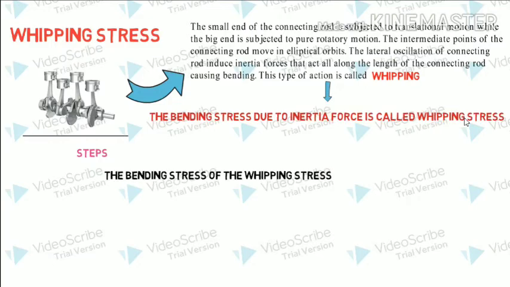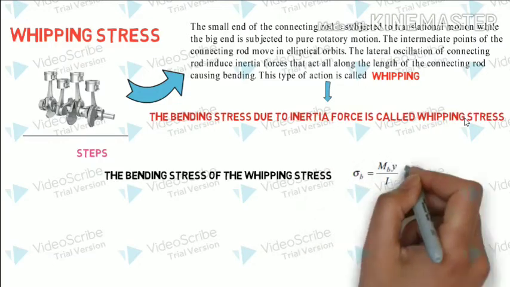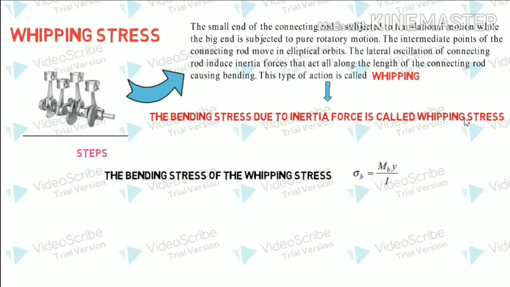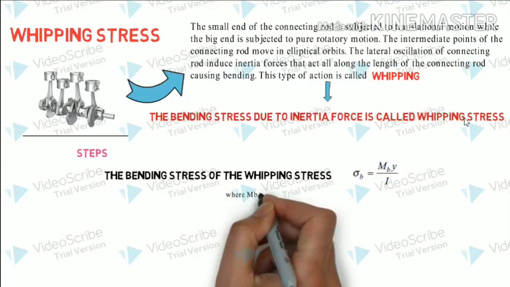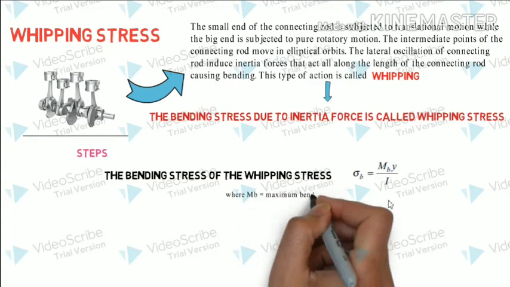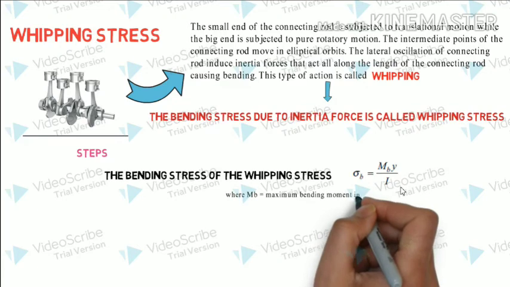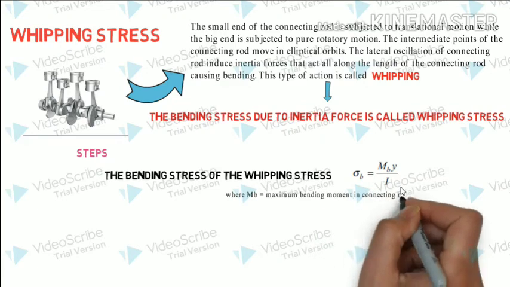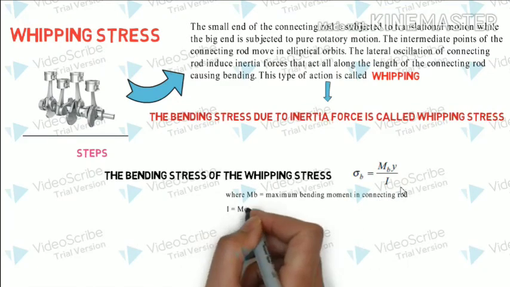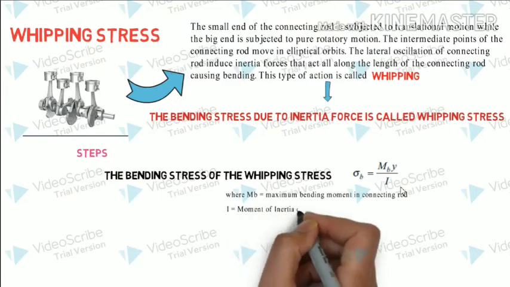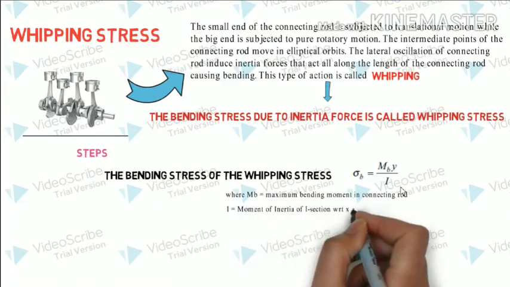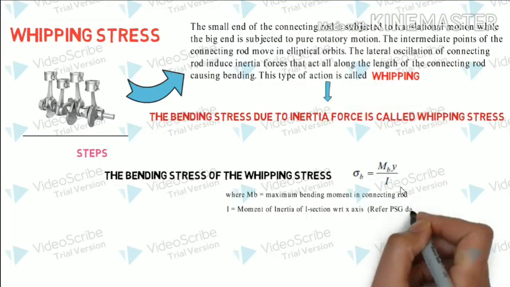To determine this whipping stress, since it is a bending stress, let us use the very fundamental equation, sigma b is equal to Mb by I into y, right? Where Mb is the maximum bending moment acting on the connecting rod, and I is the moment of inertia of the I section with respect to the x-axis.